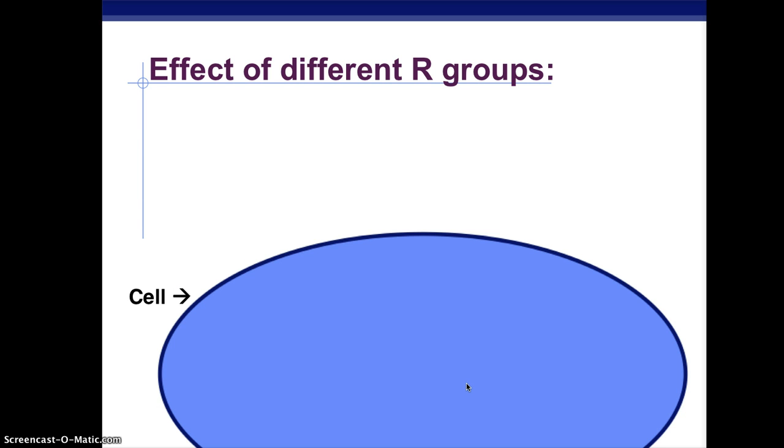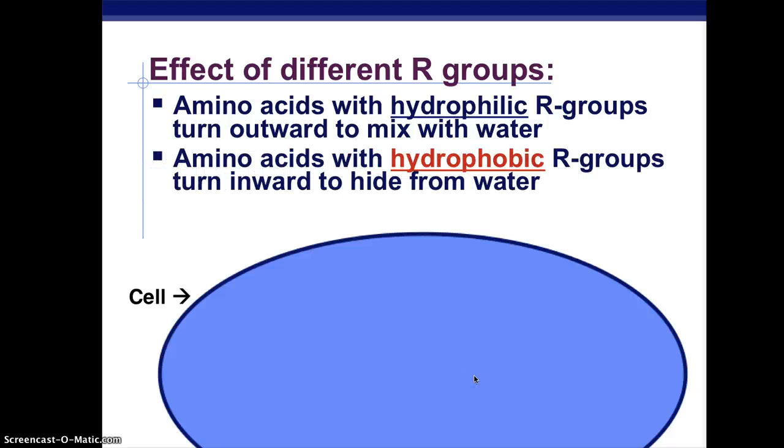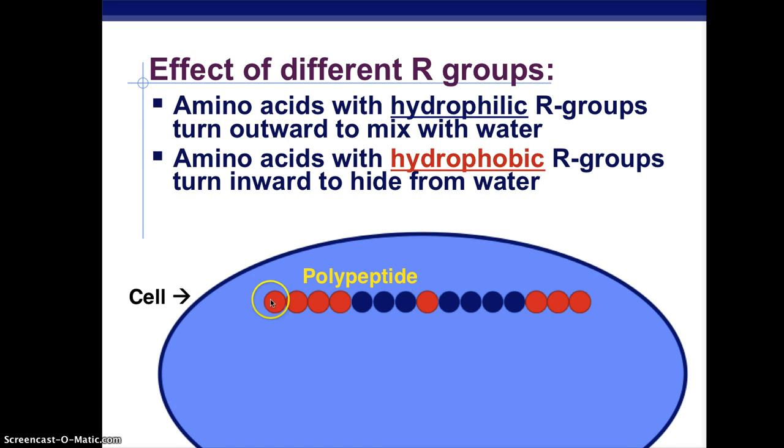So the different effects of the R groups. Amino acids with hydrophilic R groups are going to turn outward to mix with water in the cell. The amino acids with hydrophobic R groups are going to turn inward to hide from the water. So here's our polypeptide. Each one of these circles represents an amino acid.